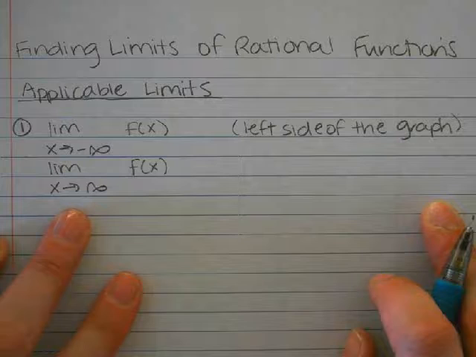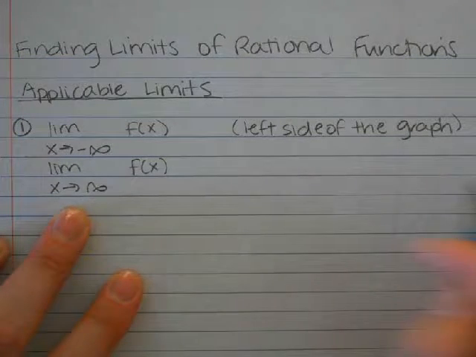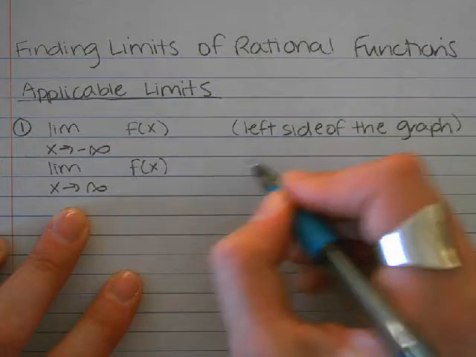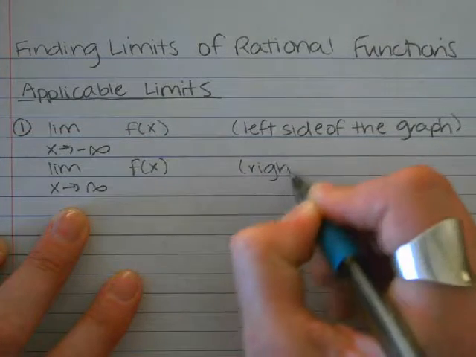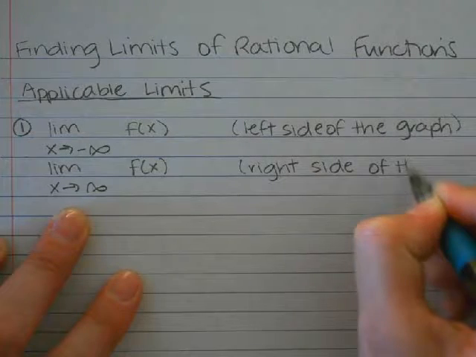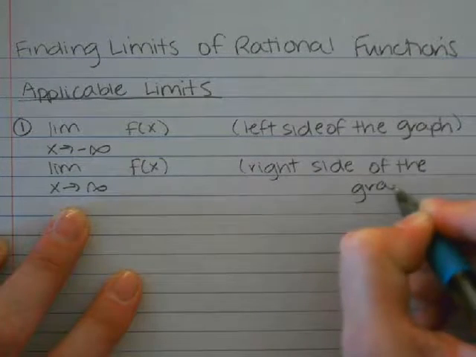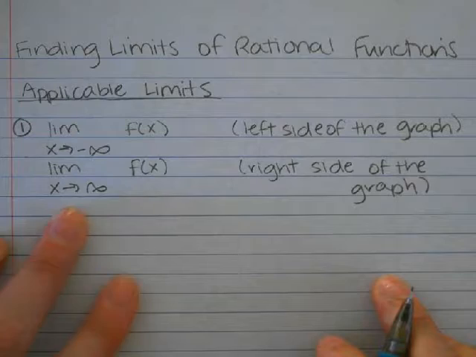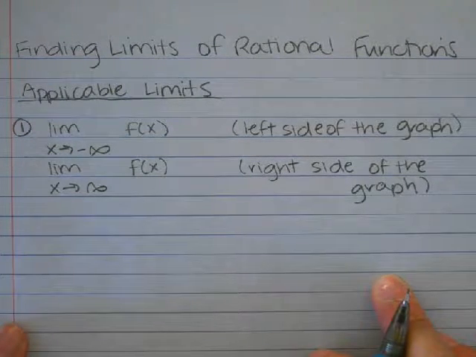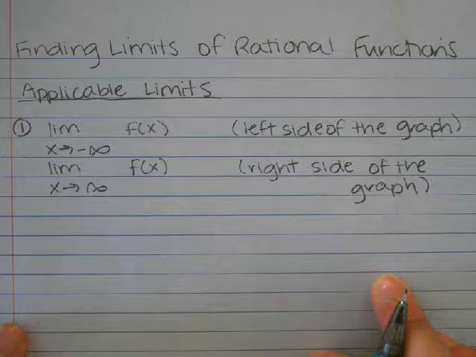The limit as x approaches positive infinity is the right arrow. What is the graph doing at the right side? So your answers for these two are going to come from the slant asymptote or the horizontal asymptote.